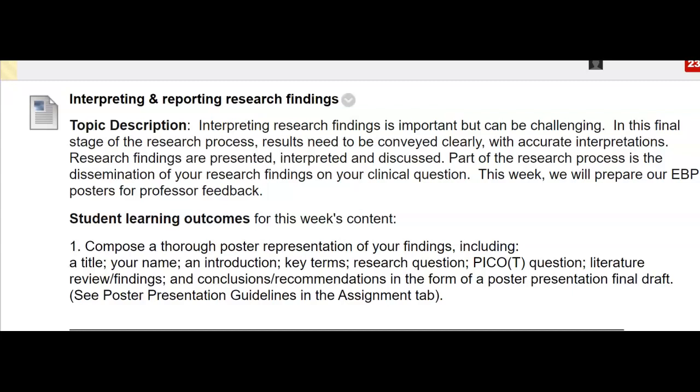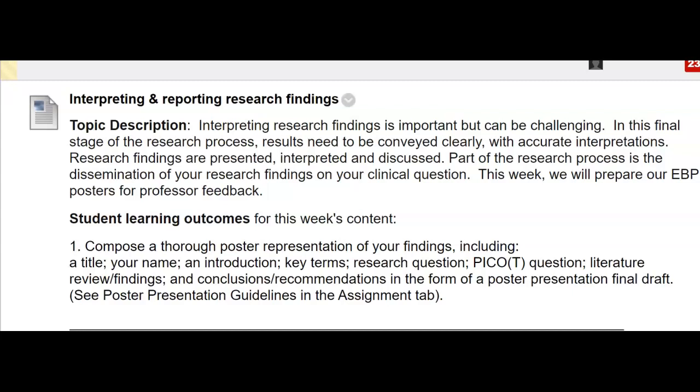So in this final stage of the research process, results need to be conveyed clearly to others, and they have to be interpreted accurately. So when research findings are presented, they have been interpreted and discussed.